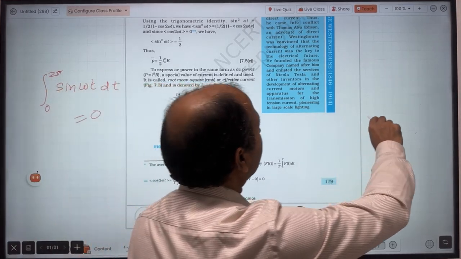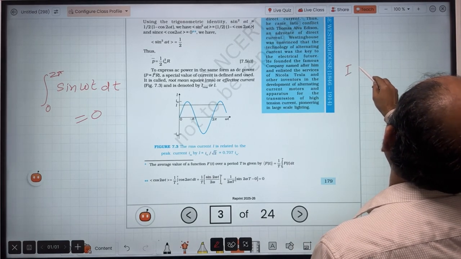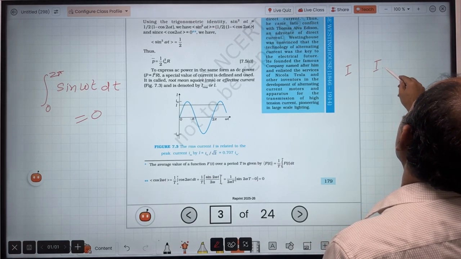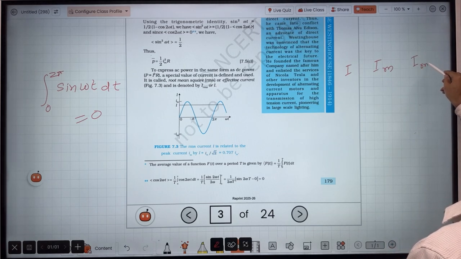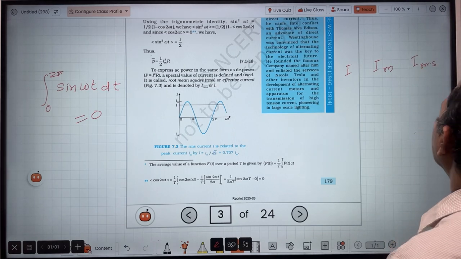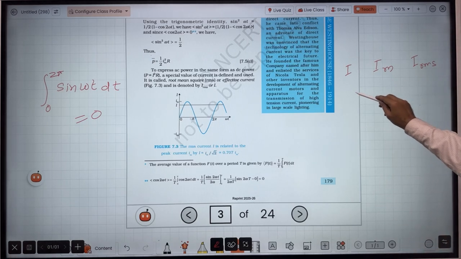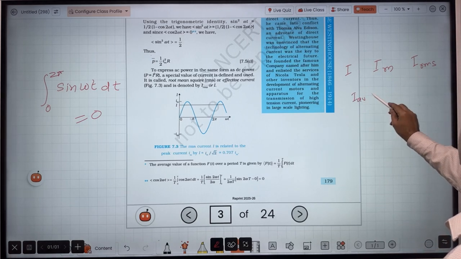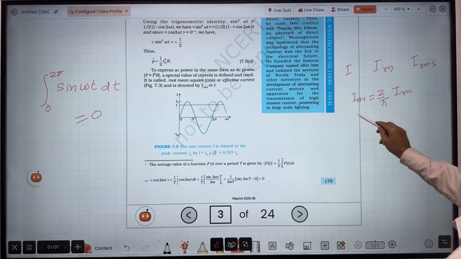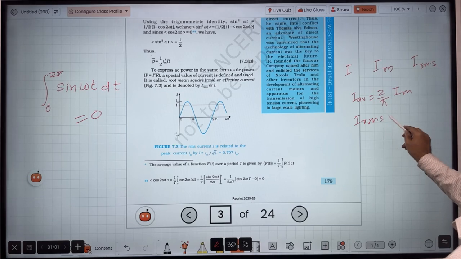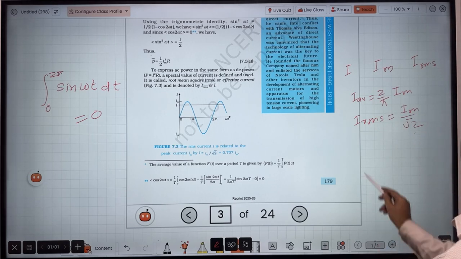So here 2-3 things you must note, that is I is the instantaneous current, Im is the maximum current, IRMS is the root mean square value, and I average, there is another value also, that is 2 upon pi of I maximum, and IRMS, as I told you, is I maximum divided by root 2.